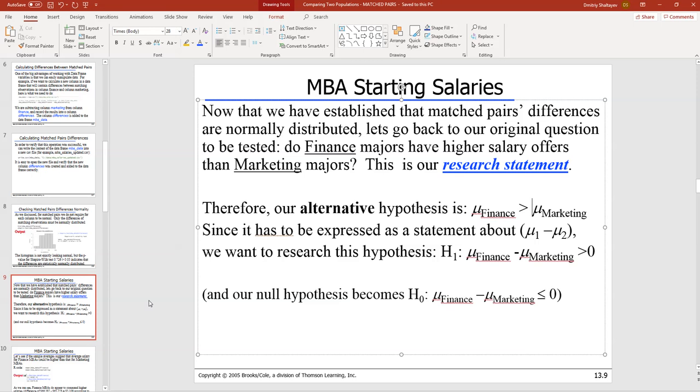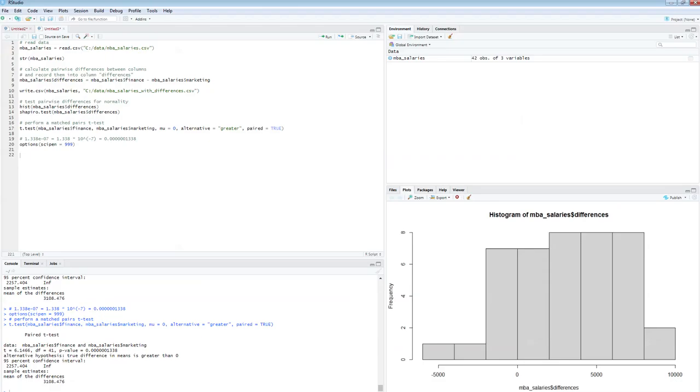Now I wanted to show you a couple of things, in order to convince you even more that the test is performed the way it is performed. Here in my RStudio, I used t-test. This is kind of an expanded function, right? I said here's my column 1, here's my column 2. The hypothesized difference between column 1 and column 2 averages is 0. Alternative is greater, and these samples are paired, right?